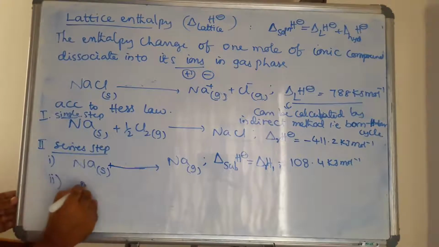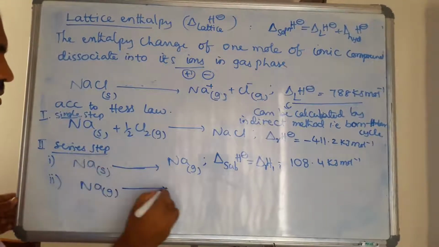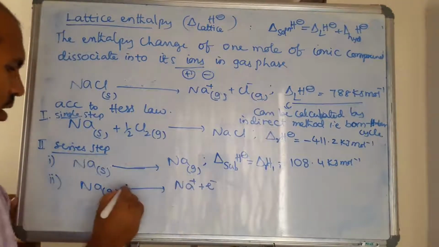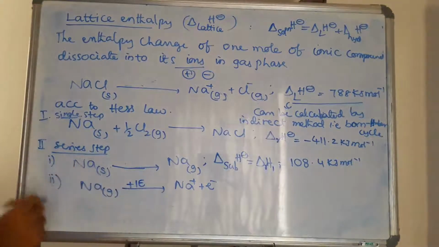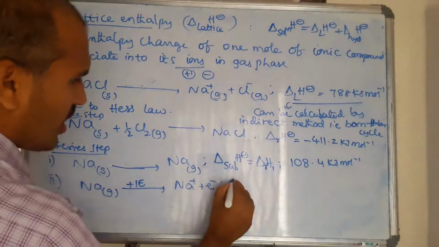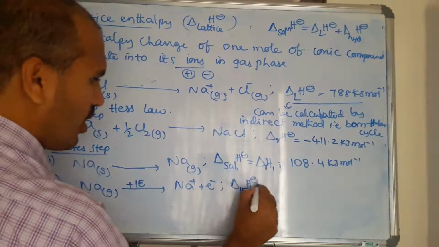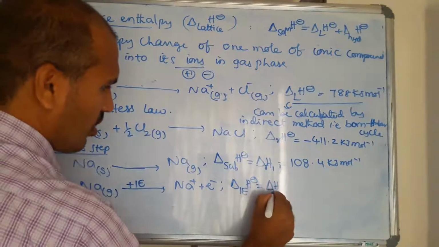Second one is Na gas converted into Na plus plus electron. So this is called ionization enthalpy, IE, energy given. This is simply represented as IE, ionization enthalpy, otherwise you can say enthalpy change of reaction.